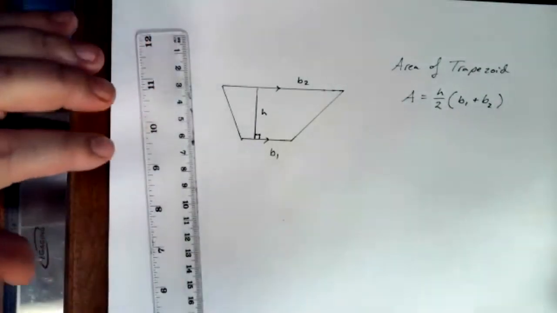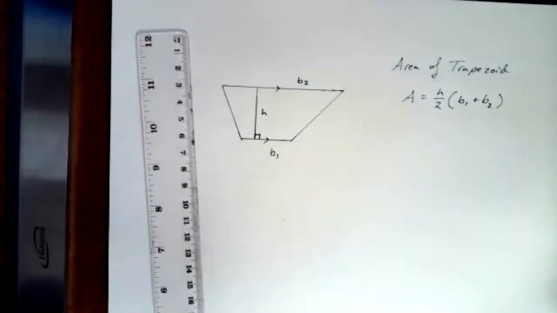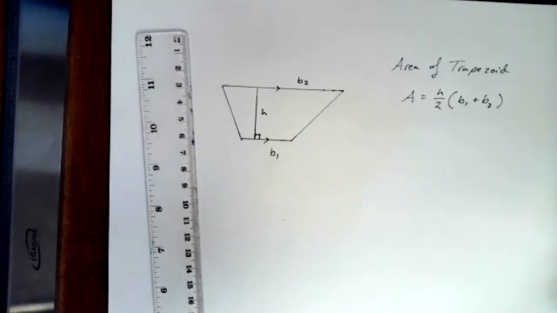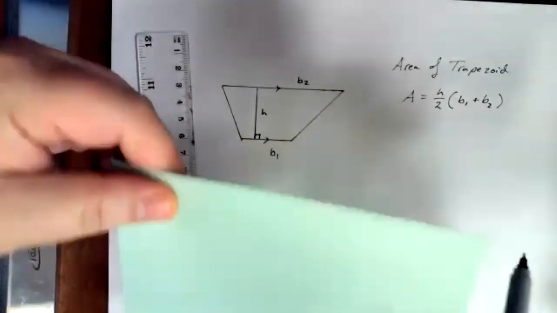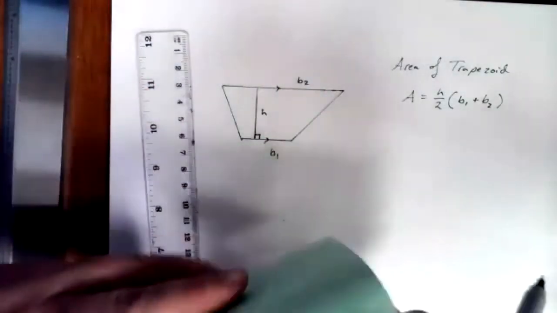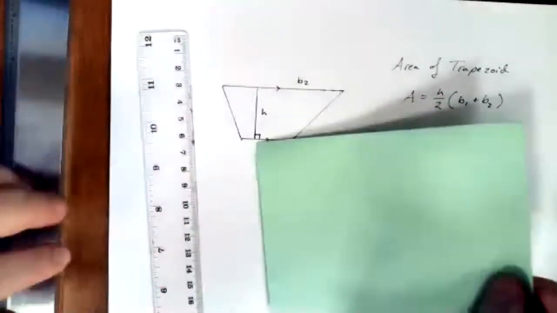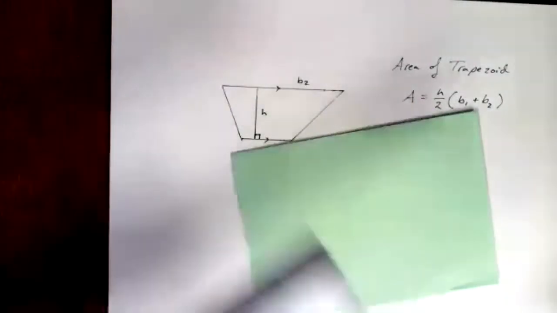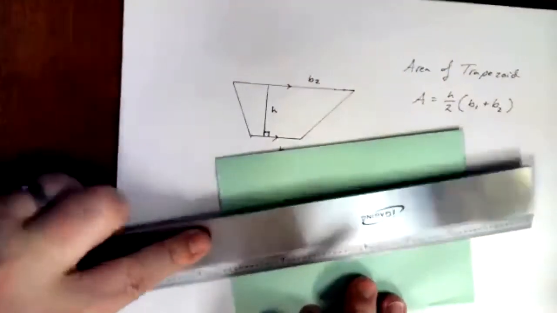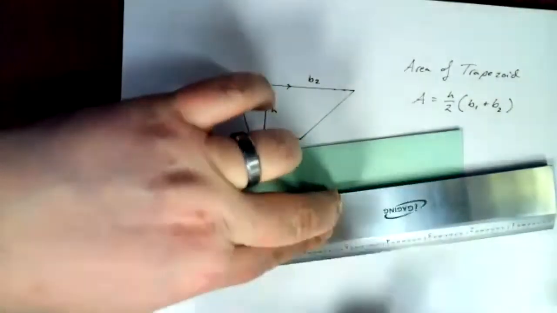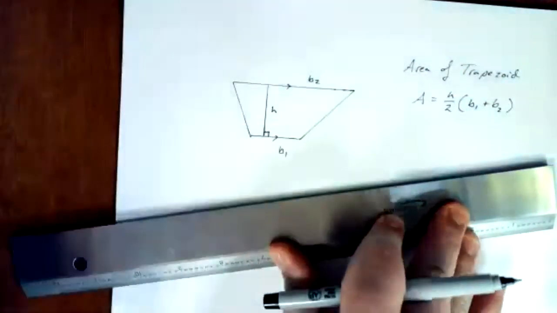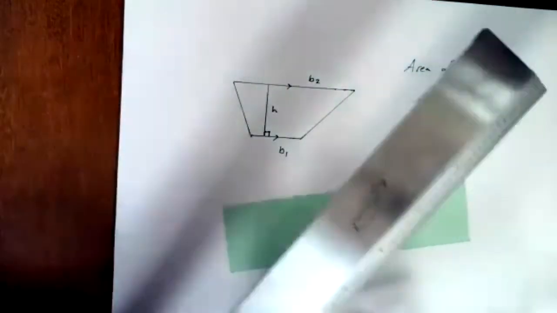Now, let me show you where that comes from, because that looks like it's magic, but it's really not. All right, so I'm going to take this piece of paper and I'm going to fold it in half. Okay, folding it in half. Now, I'm going to make a trapezoid.